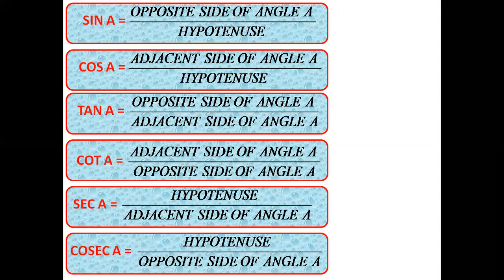Now, if you observe, sin A is a ratio of opposite side and hypotenuse.